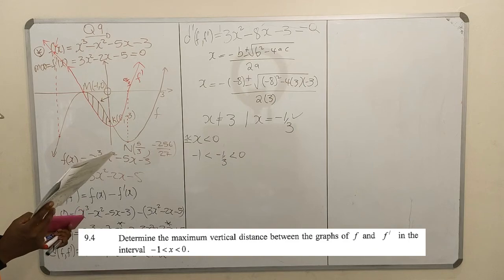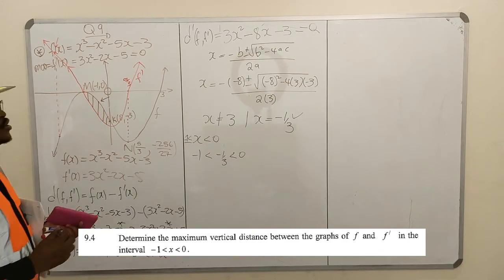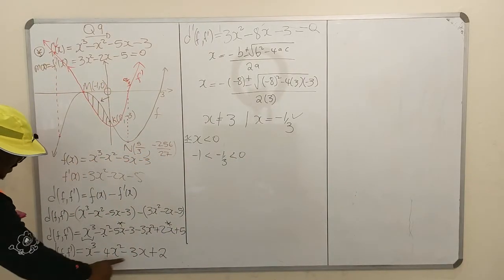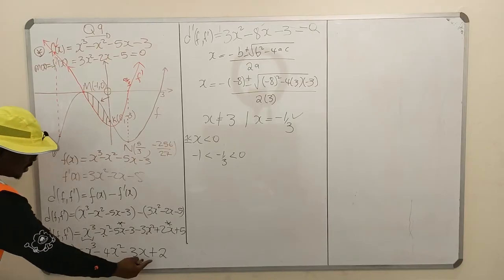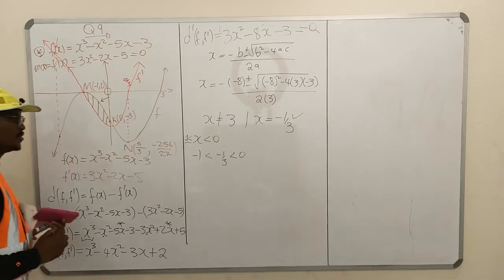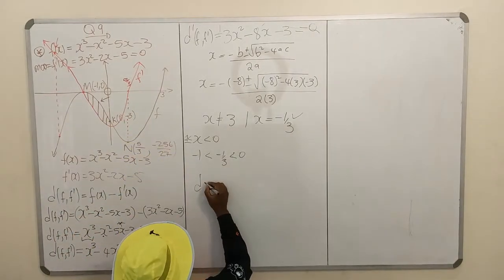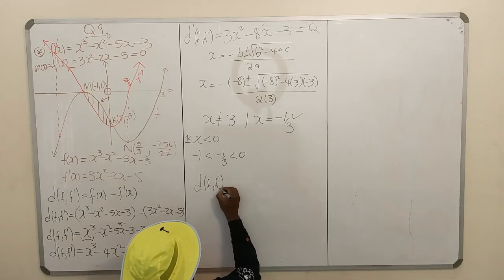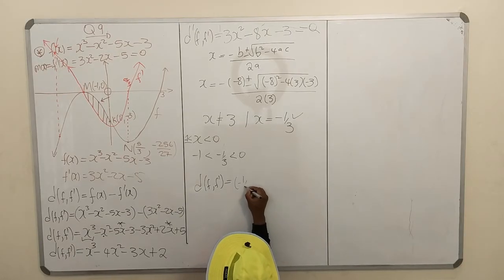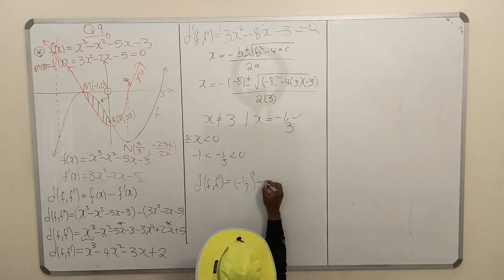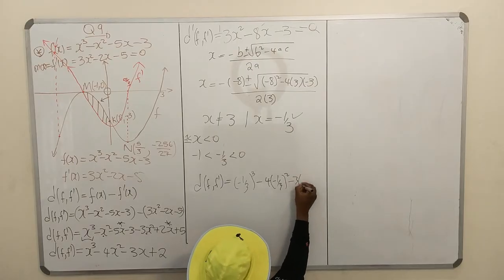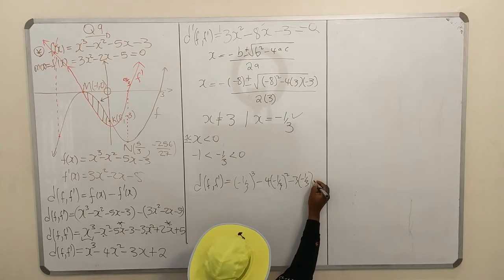Then now, we want the maximum vertical distance. To get that distance, you take this x value of yours and substitute it into that equation that gives you the distance between the two functions. So you can say, okay, distance between f and f prime is equal to, take that, minus 1 over 3 cubed minus 4 times minus 1 over 3 squared minus 3 times minus 1 over 3 plus 2.